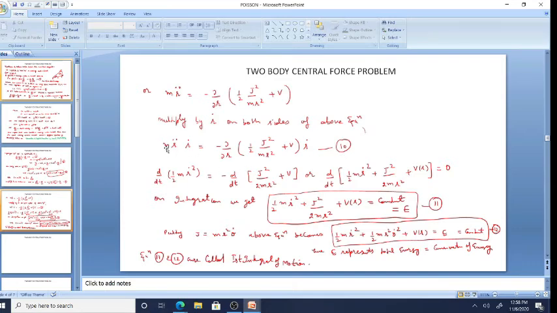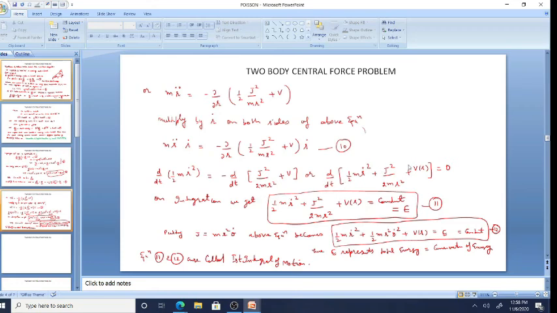Now we can write it as differentiation of 1/2 mṙ², and it is differentiation of minus J² upon 2mr² plus V. Or we can write it as d over dt of 1/2 mṙ² plus J² upon 2mr² plus V(r) equal to 0.